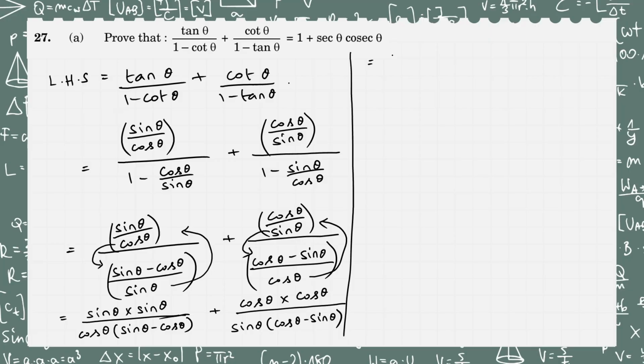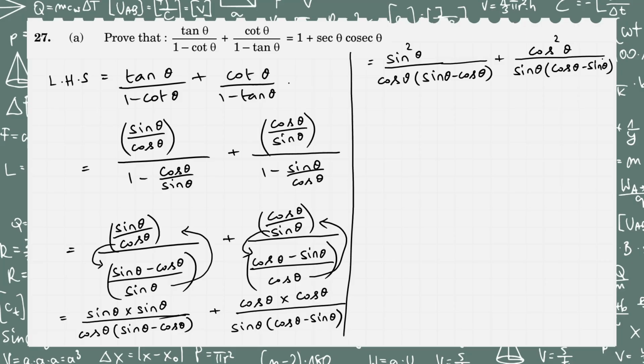So what do we get after that? This is equal to sin square theta divided by cos theta into sin theta minus cos theta plus cos square theta divided by sin theta into cos theta minus sin theta. Now look at the denominator terms. Here we have sin theta minus cos theta. Here we have cos theta minus sin theta.